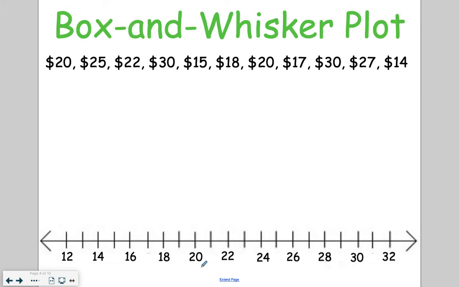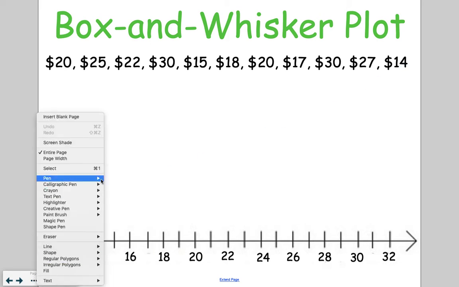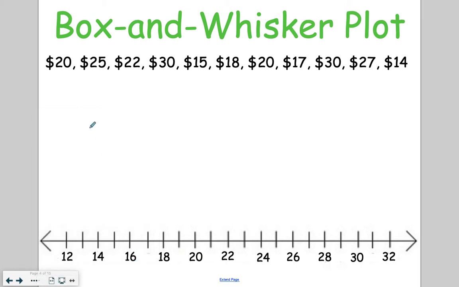So, for example, we have a list of prices here. Job number 1 is to put them in order from least to greatest. So I'm going to go ahead and do that, starting with my smallest number of 14.